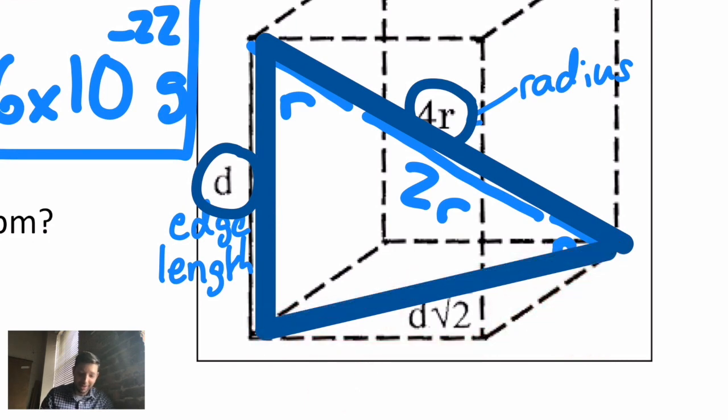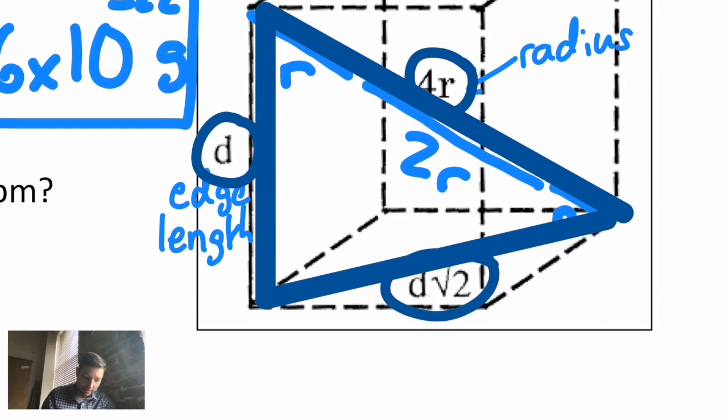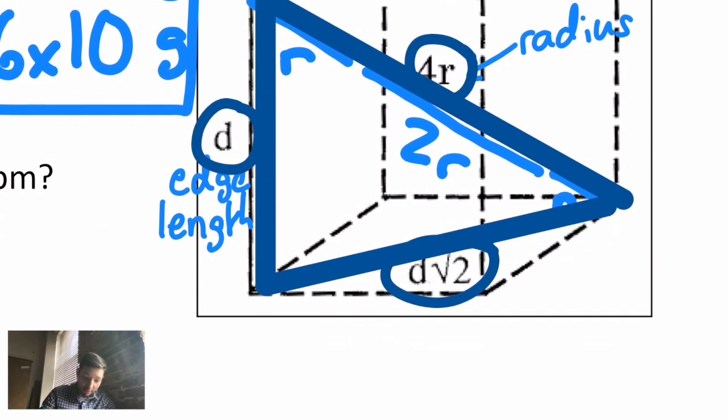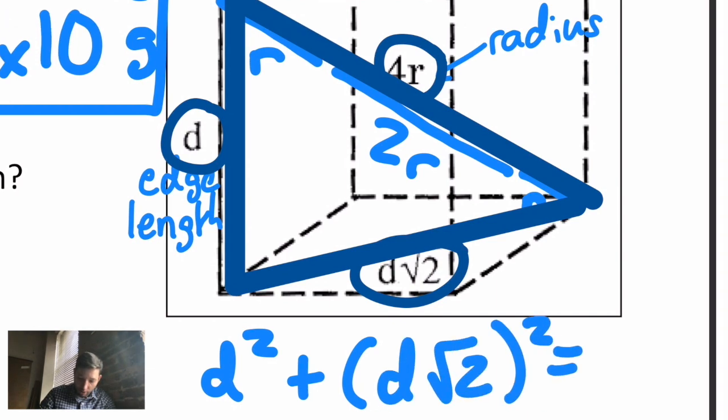And now I can use the Pythagorean theorem yet again and derive an expression for the edge length in terms of the radius, because that's what I have. I know that the volume of the cube is going to be the edge cubed, and I need to turn that edge length into something in terms of the radius. So I'm going to use this right triangle that we just wrote out. a squared, which is d squared, plus b squared, d root 2 squared, is equal to c squared, 4r squared.